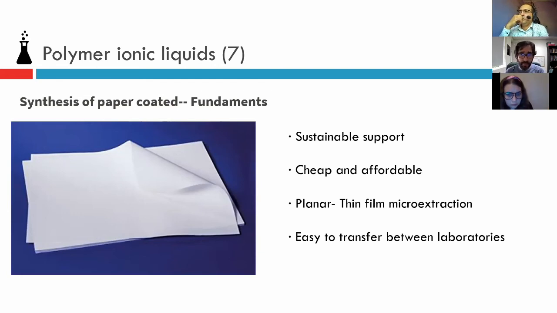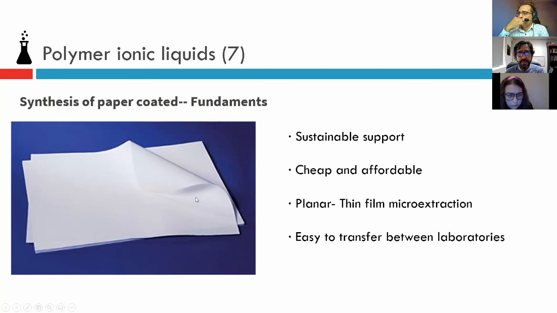You can use chromatographic paper as well, but filter paper gives good performance to the final materials, and it is affordable. This is one of the objectives of our group, doing things that are simple and affordable for all the scientific community.